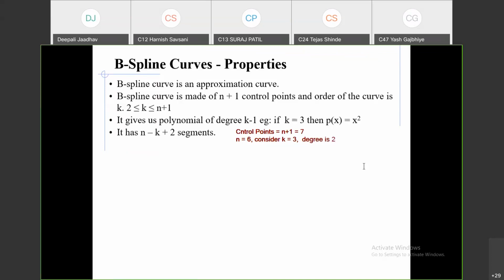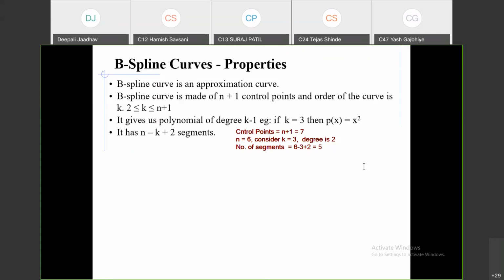So the number of segments in this case is equal to n minus k plus 2, that is 6 minus 3 plus 2, which is equal to 5. So the total number of segments in the curve is 5.